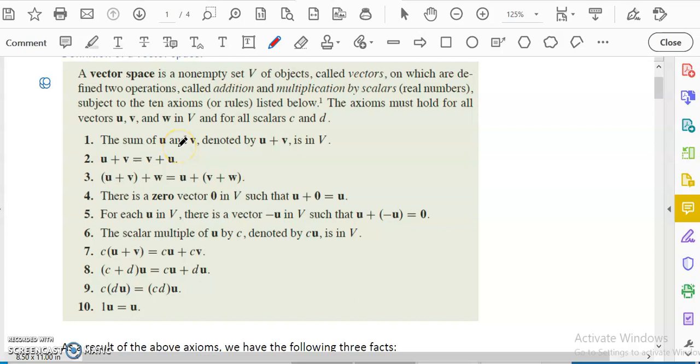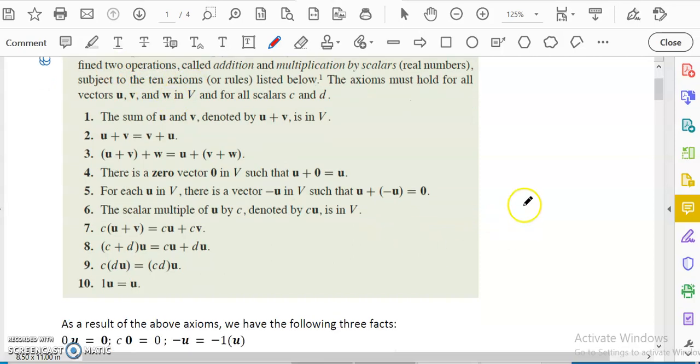The good thing about abstracting some objects into a common name called vector space is there are a lot of theorems that we can use to study vector spaces, like spanning sets, independence, and all those. So later on, we'll talk about a lot of entities that can be classified as vector spaces, and they would be useful when we study them.